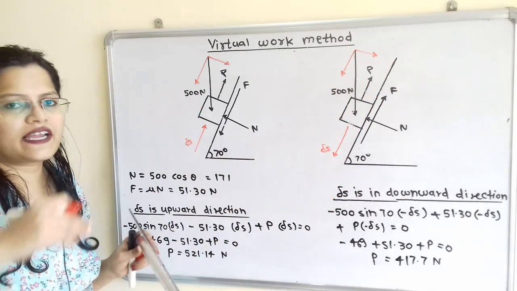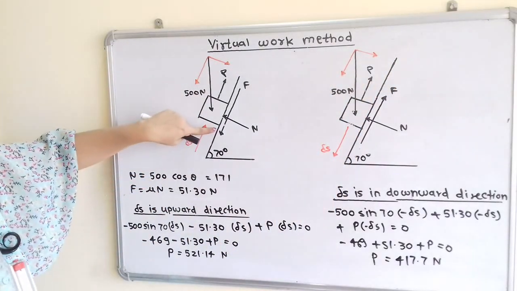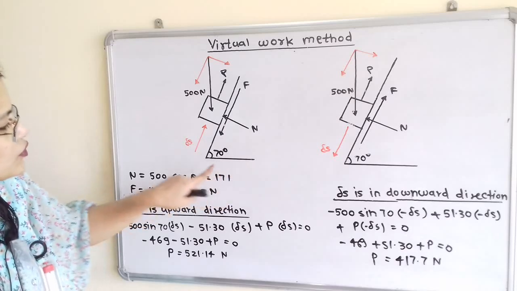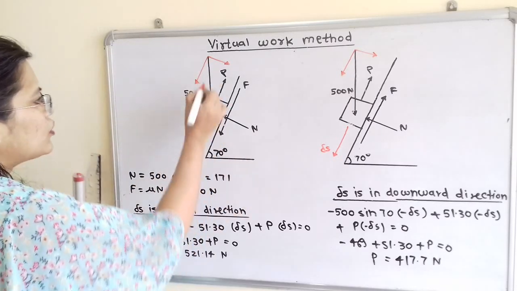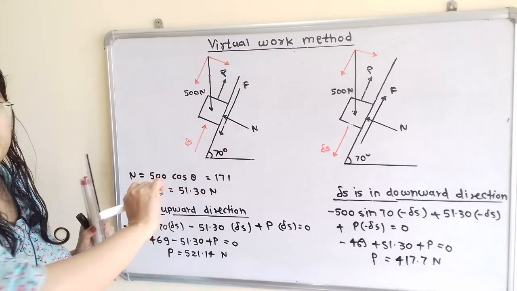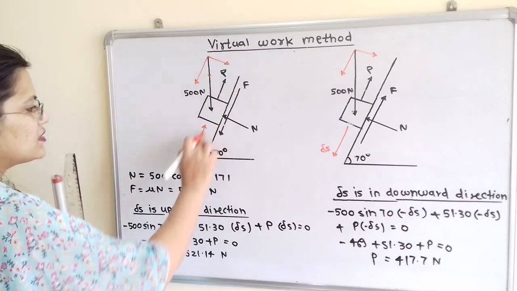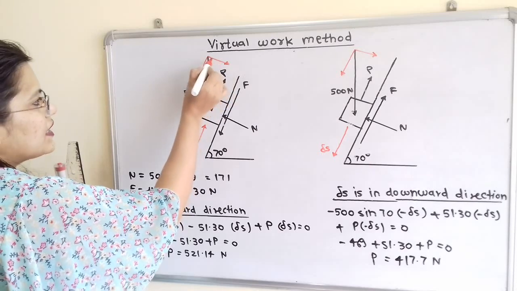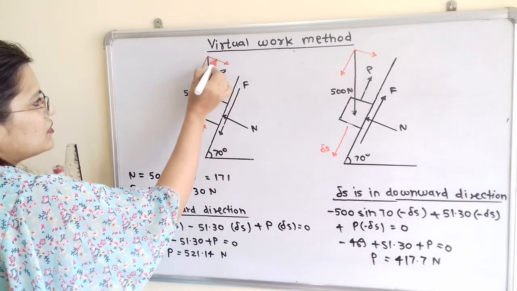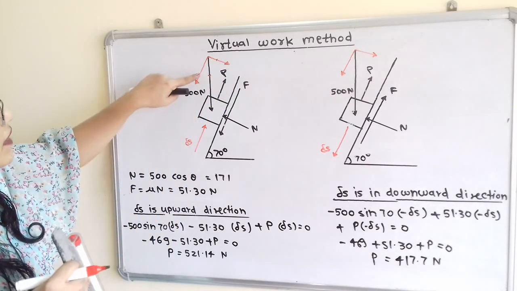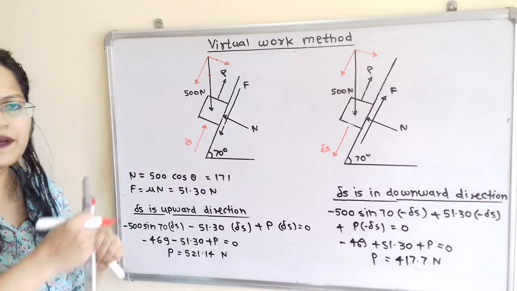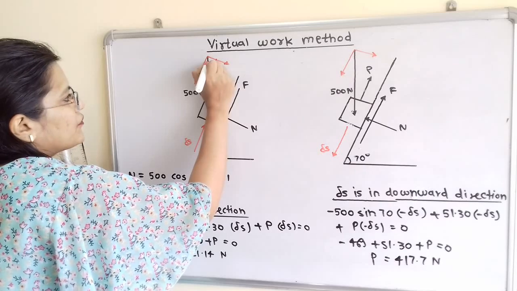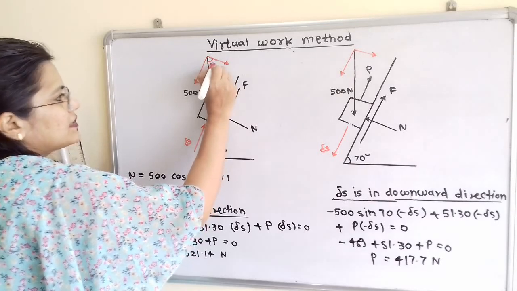Now how to decide the angle? If we observe, this inclined surface and horizontal line make an angle of 70 degrees. For this horizontal line, this is the vertical line perpendicular to the horizontal, and for this inclined surface, this is the perpendicular line. So the angle between these two perpendicular lines also makes the same angle, 70 degrees. So we can say that this is the angle theta.